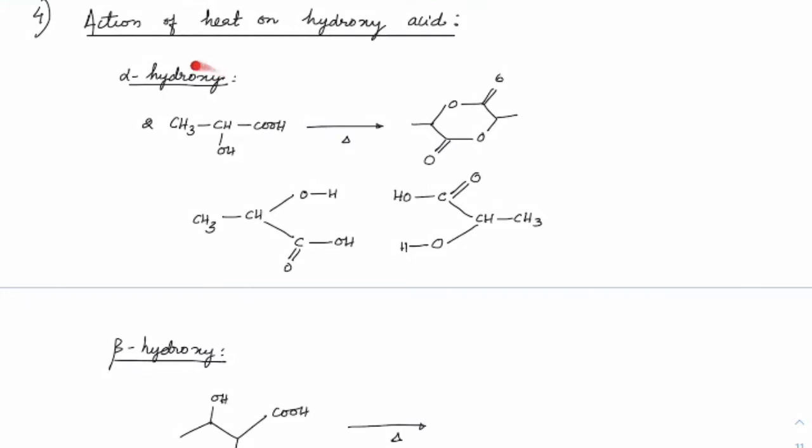On heating we might expect it to dehydrate, but here since there can't be any dehydration or esterification with this close group, if you take 2 moles of it, it will cyclize into this ester formation.